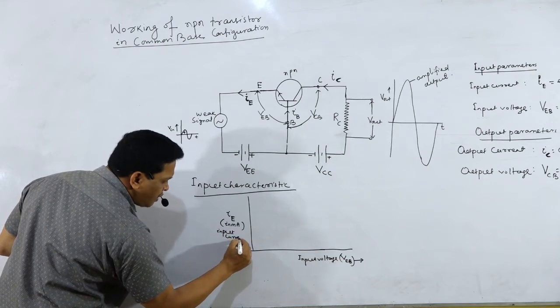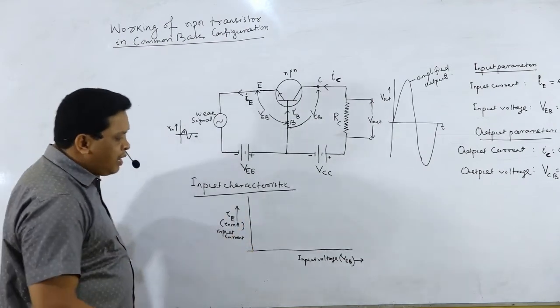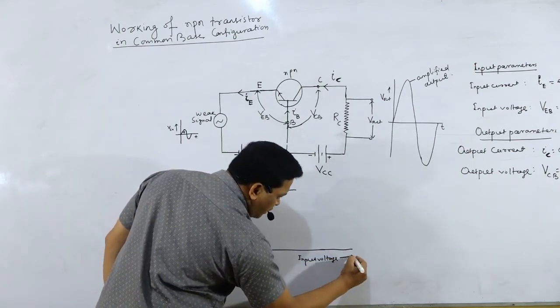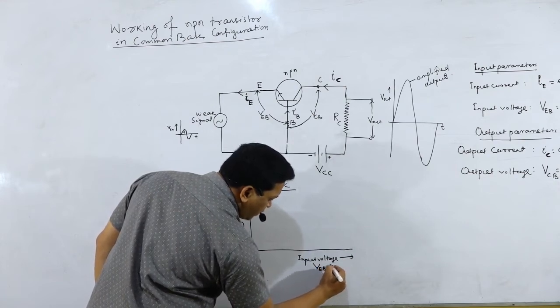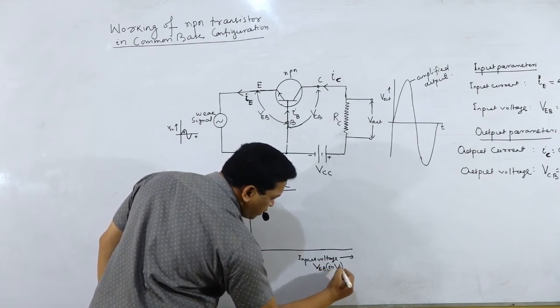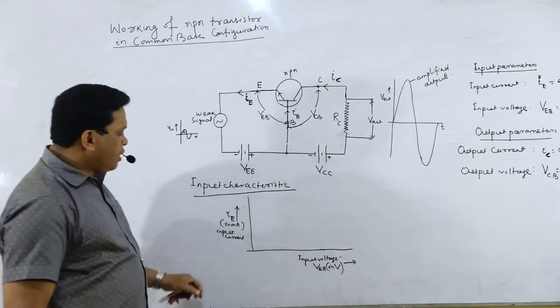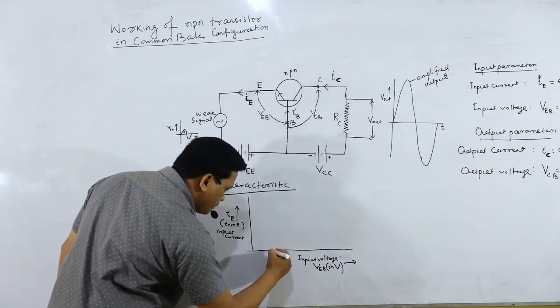Input current is the emitter current, and input voltage is the emitter base voltage VEB in volt. Okay, and we shall plot the graph. Look here.